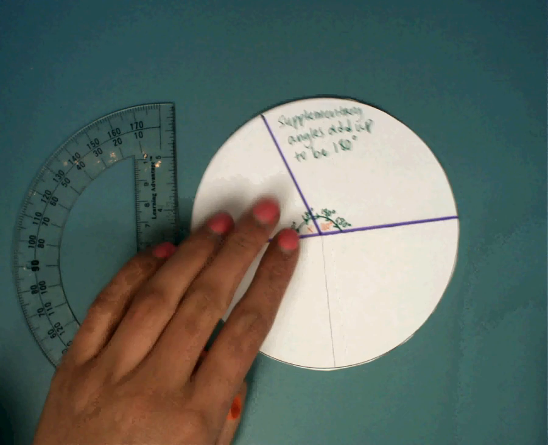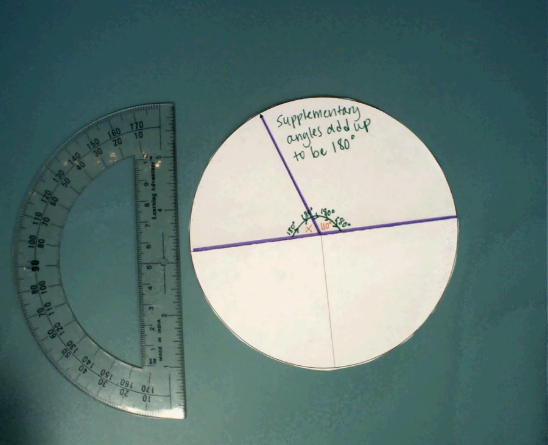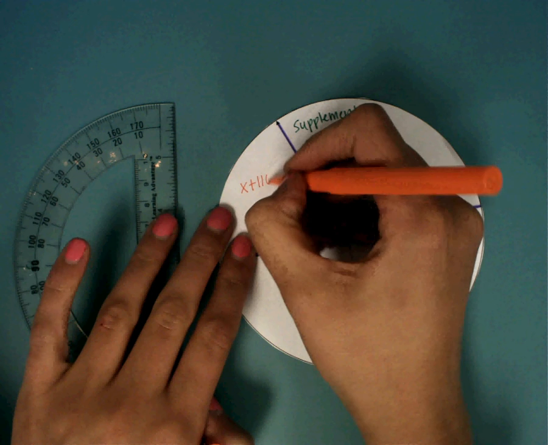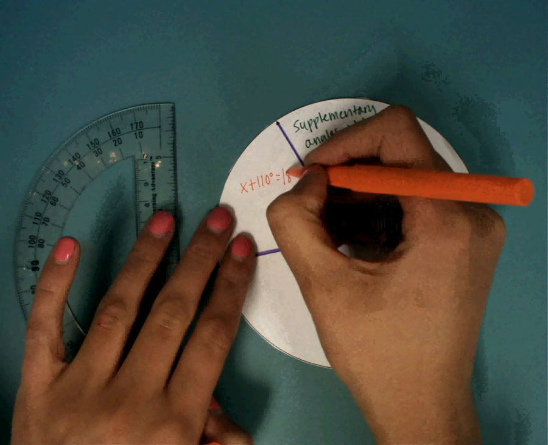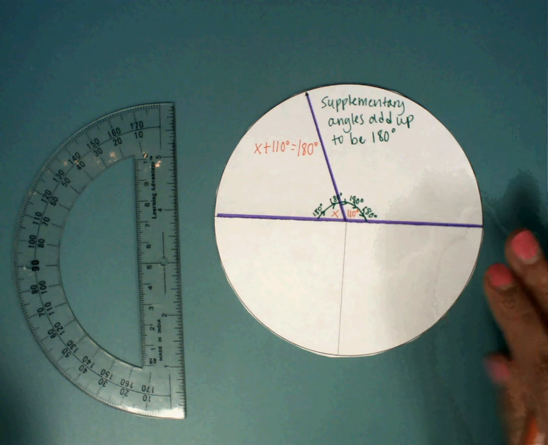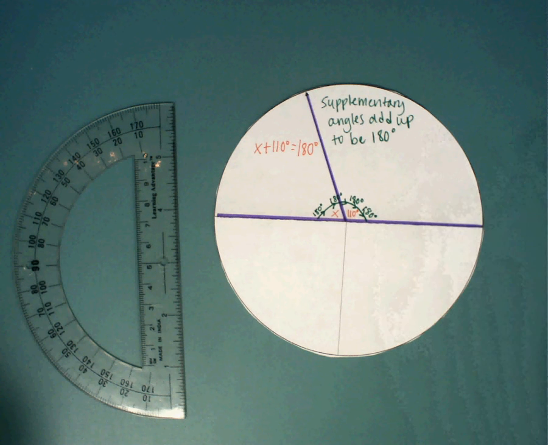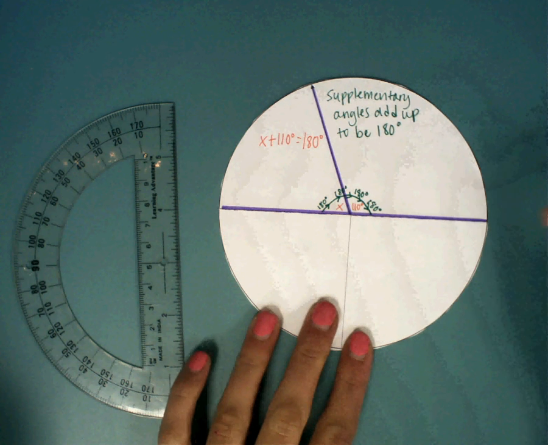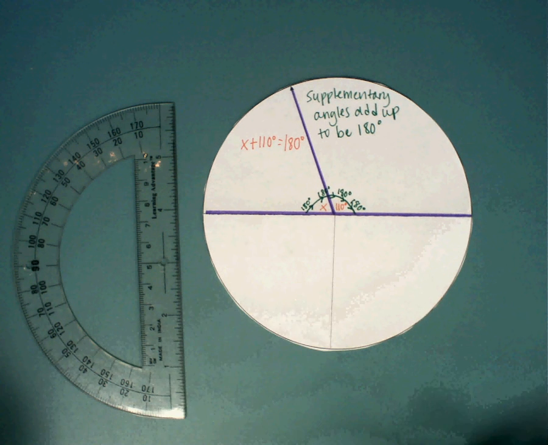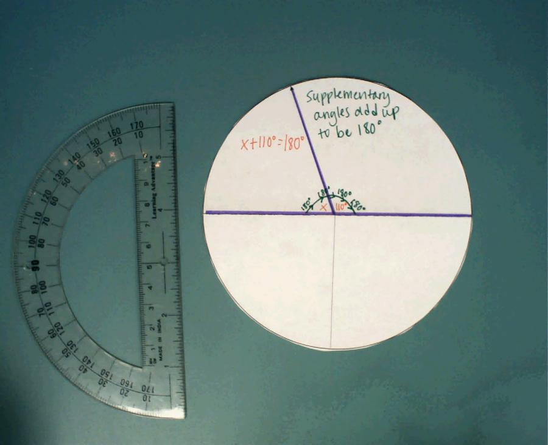Well, to find out what x is, I know that x plus 110 degrees has to equal 180 degrees. Always. It will always equal 180 degrees. If it is adding up to be 180, then that would be because it's a straight angle. Okay? So say that word with me one more time. Supplementary angles add up to be 180 degrees.